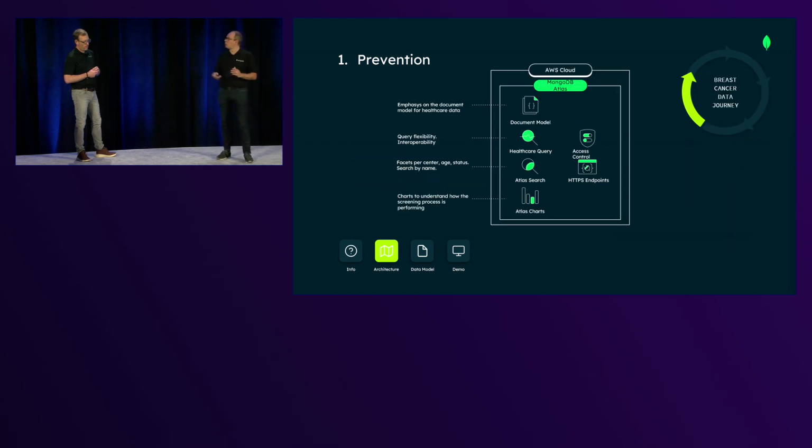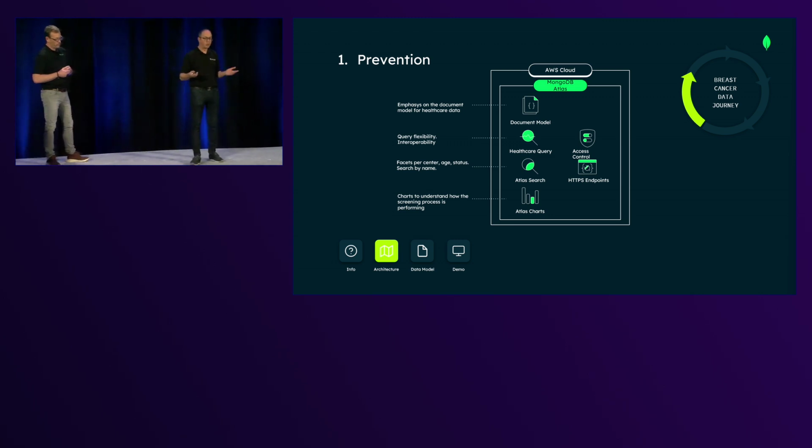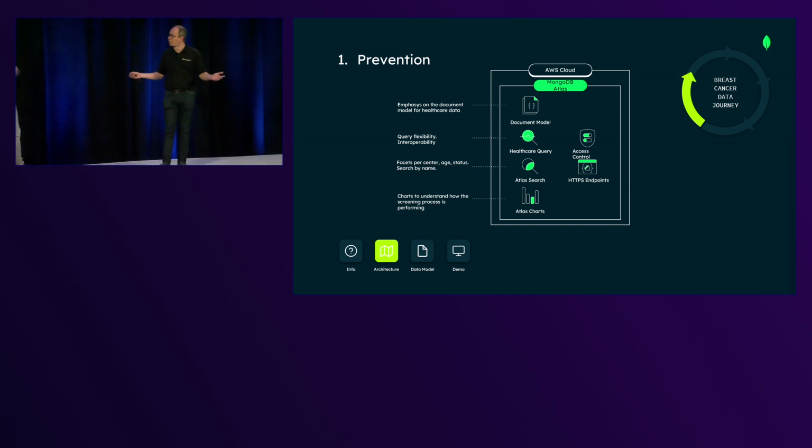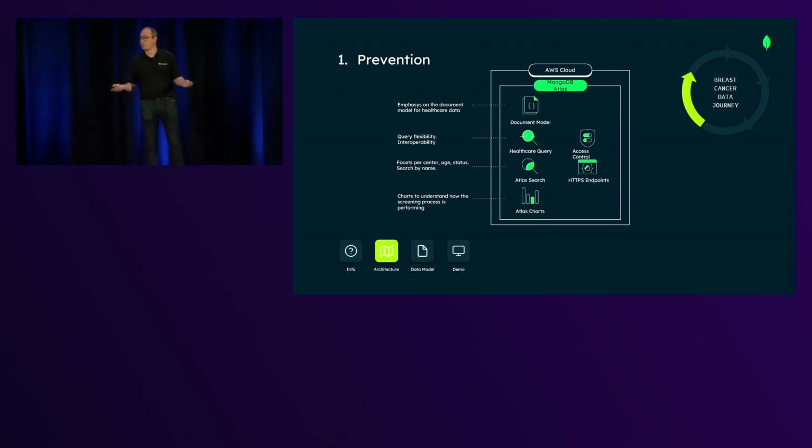Now, if we look a little bit into practice at how it's working, and a little bit of the architecture and the different components that we will need in order to build it, we will start with the document model one more time. And this is something that is really important, because with this health data, we need something that is really well structured, but also unstructured in terms of data.